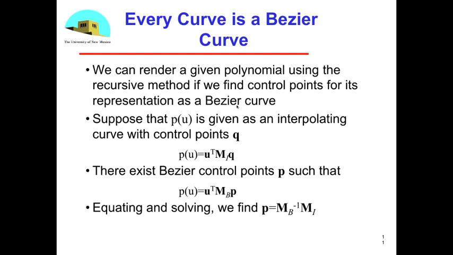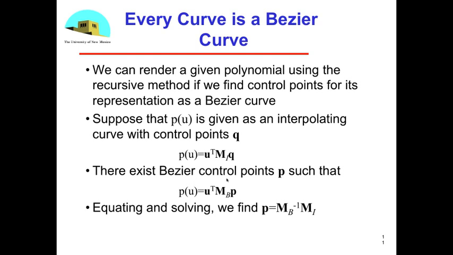So if I can think about going back and forth between data and say, if I'm given the control points for one type, here's the argument. Suppose I want to render an interpolating curve, and I have the control point data for that interpolating curve. Well, I know it's given in this form. It's the u's in a little row array times that interpolating matrix times the column of the control point data.